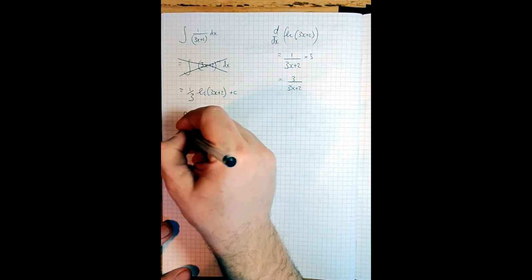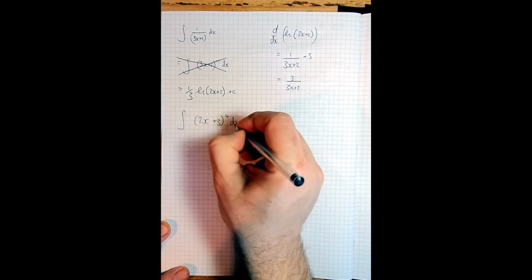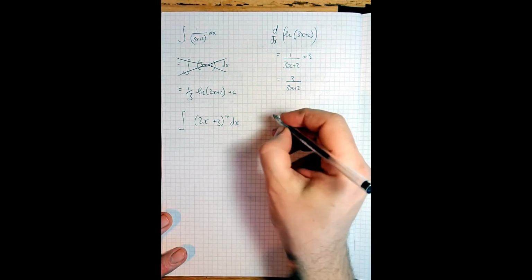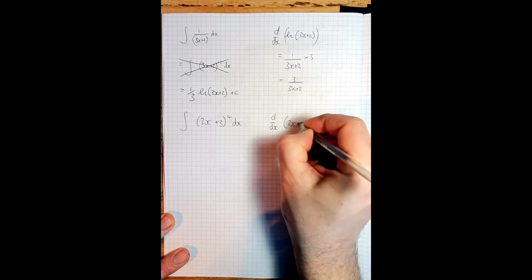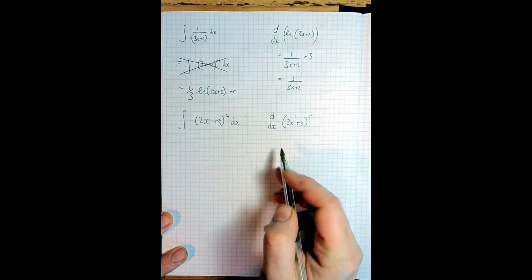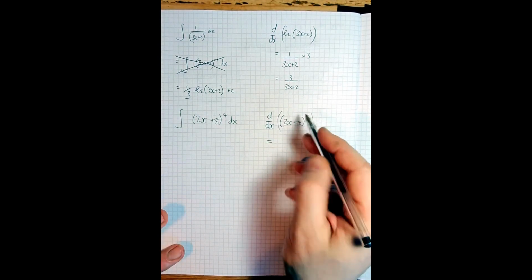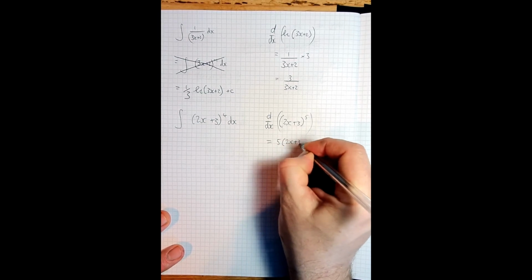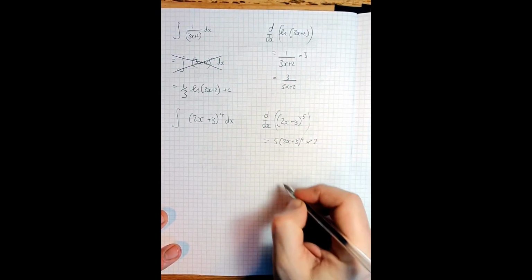Whereas, of course, this one, 2x plus 3 to the 4, this is increase the power and divide by the new power. So let's think about what happens if I differentiate 2x plus 3 to the 5. Well, differentiate the whole thing, bring the power down, reduce the power, and then multiply by the derivative of the bracket, which is 2.